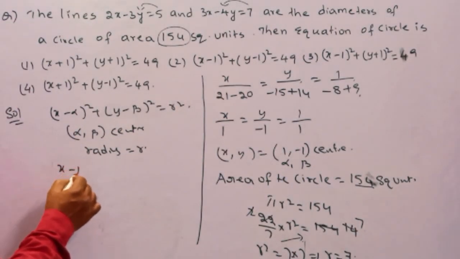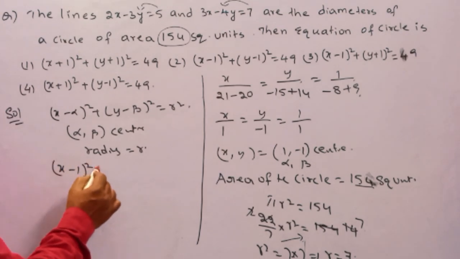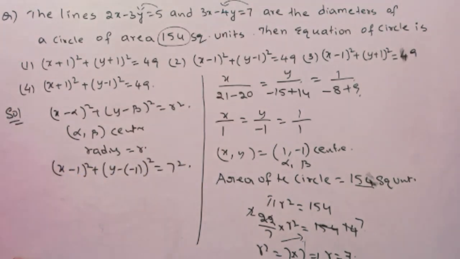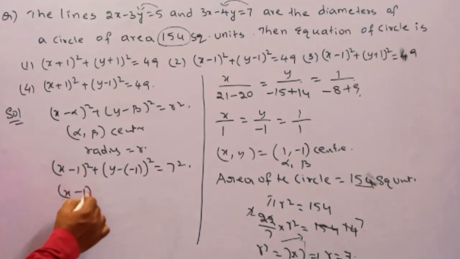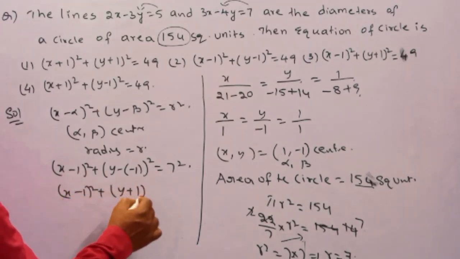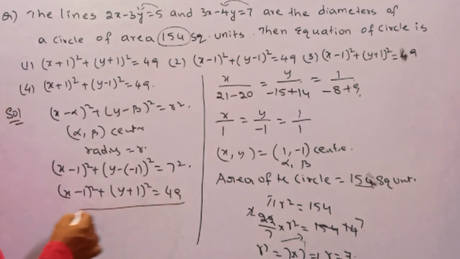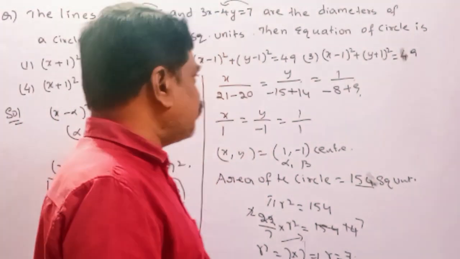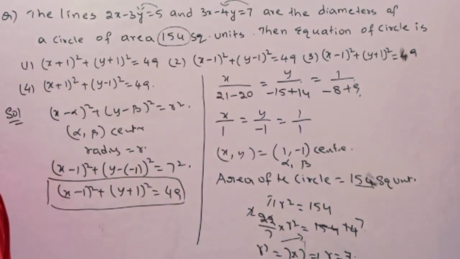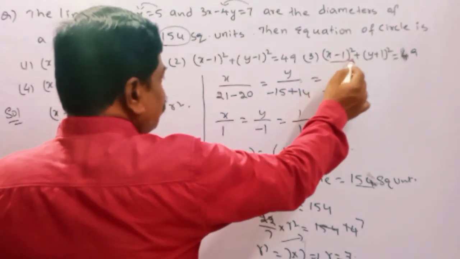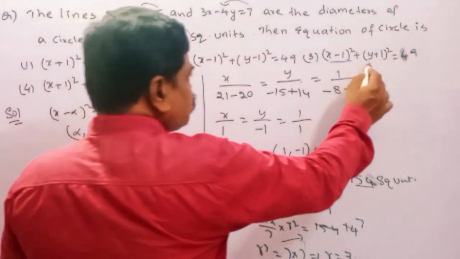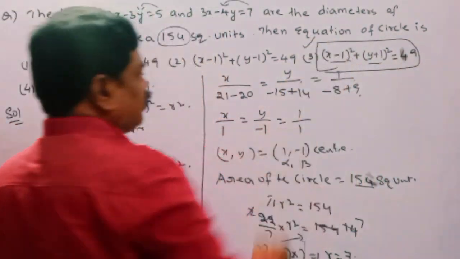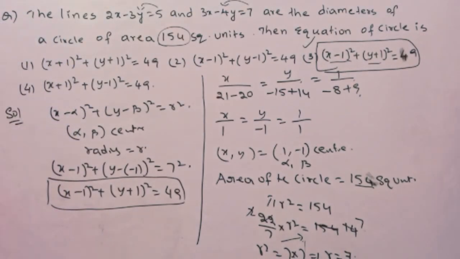Then x minus 1 whole square plus y minus of minus 1 whole square is equal to 7 square. That is x minus 1 whole square plus y plus 1 whole square is equal to 49, the required circle equation. So option 3 is the correct answer.